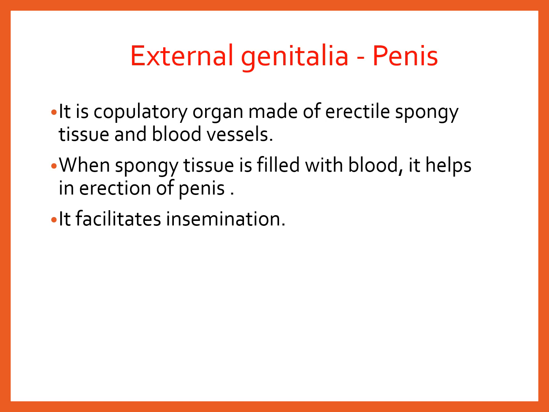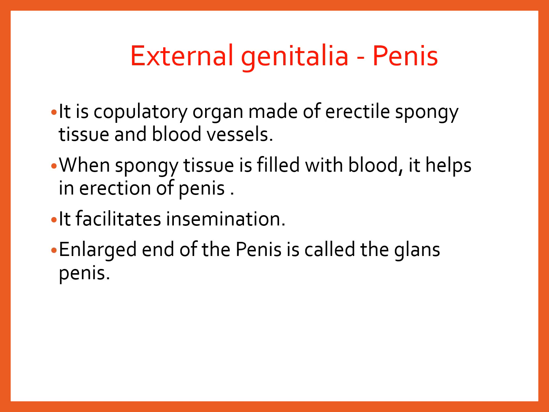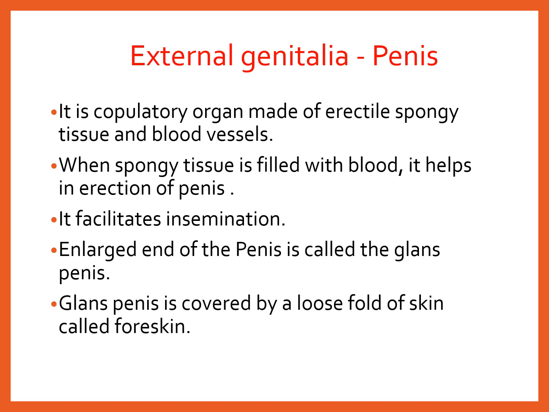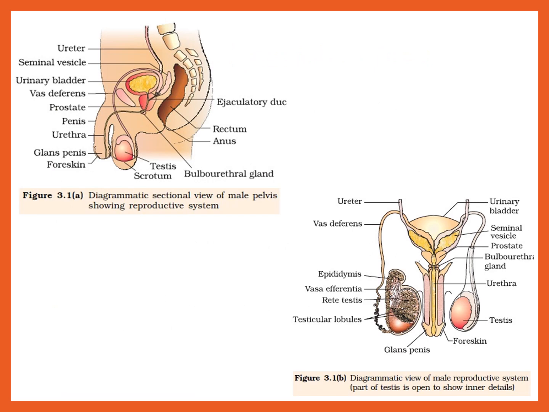We have already seen previously. And the large end of this penis is called the glans penis. The glans penis is covered by a loose fold of skin, and this is called the foreskin. So this is the glans penis, the enlarged portion, and it is covered by skin which is called the foreskin.